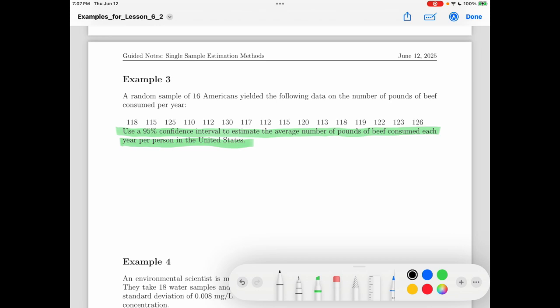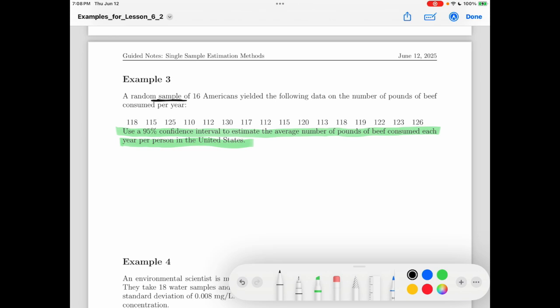Because we are not told in this question what the population standard deviation is, and we're told that these values are from a sample, not from the population, we can't calculate it directly. So let's find our information so we can hop on over to GeoGebra and enter the information to find our confidence interval.